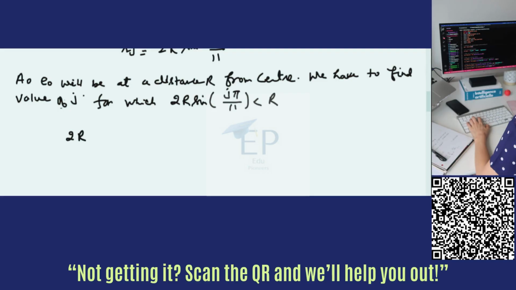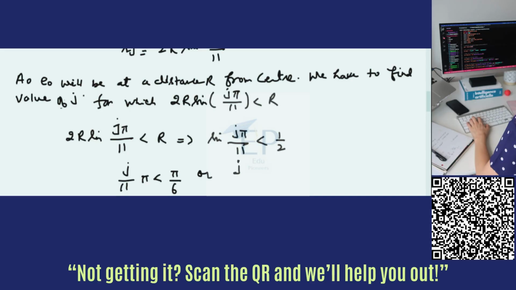So sine of j pi by 11 is less than half, that is j by 11 pi is greater than pi by 6 or j by 11 pi is greater than 5 pi by 6.